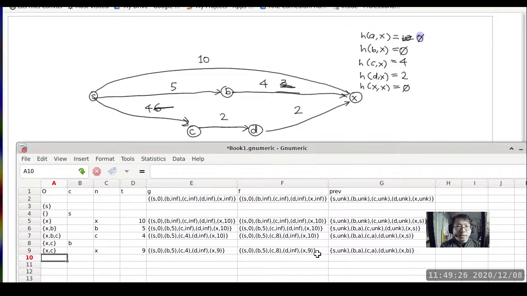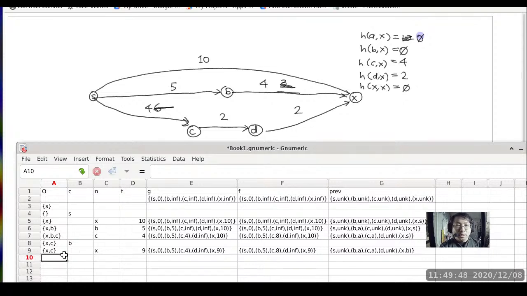The g value of x is no longer 10, it is now 9. And the f value of c is 5. Oh, it is 8. Sorry, I take it back. It is 8. But that's okay, because the f value of c is still less than the g value of x, which is 9.